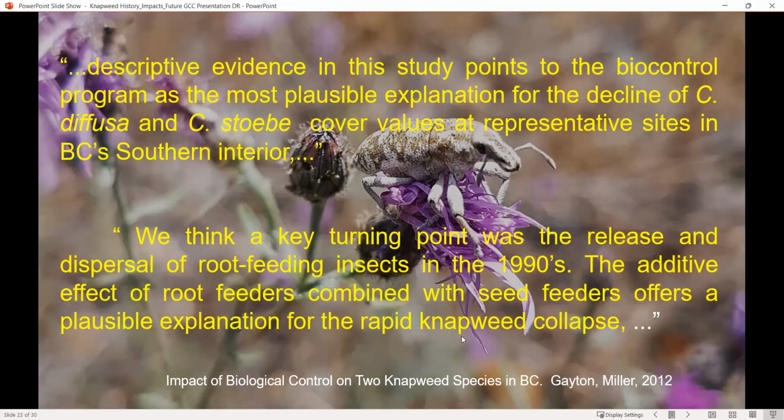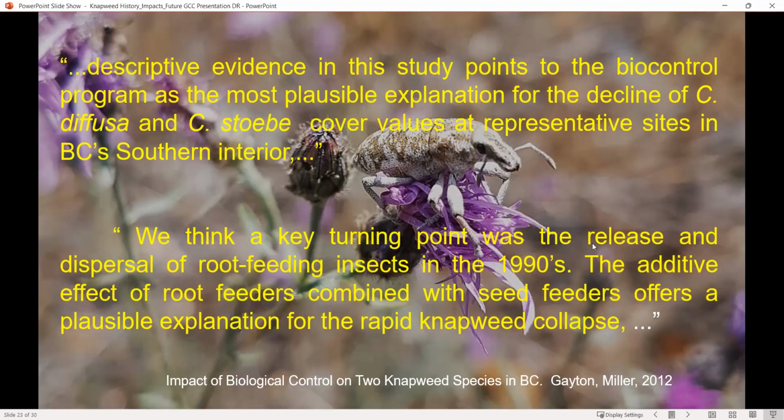And they think that the turning point was the dispersal of the root agents in the 1990s, with the addition of effective root feeders combined with seed feeders offered a rapid knapweed collapse.